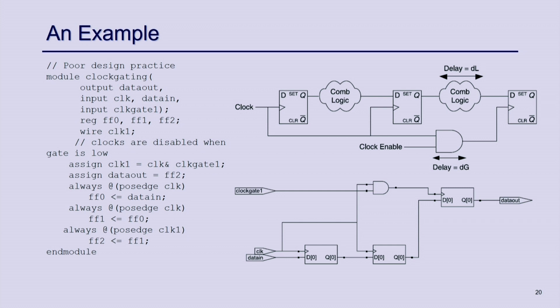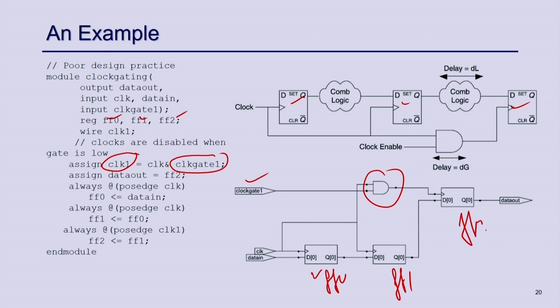Okay, here is an example of why this is happening. I have 3 registers, FF0, FF1 and FF2, and you can see that clock 1 is ANDed with clock gate 1, which is a signal ANDed here. There is no delay here, and there is no delay here, but there is a delay here in the clock path.